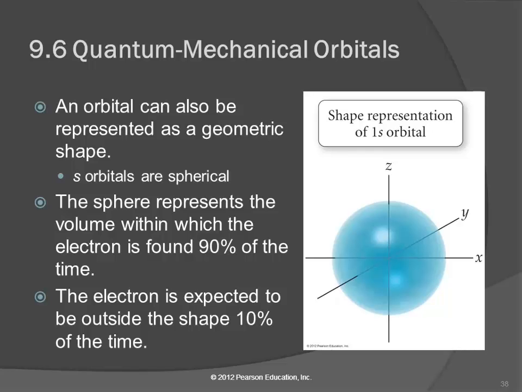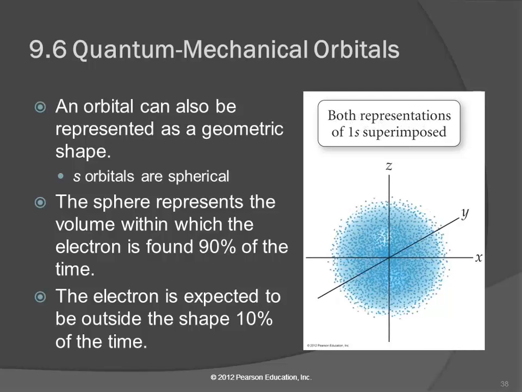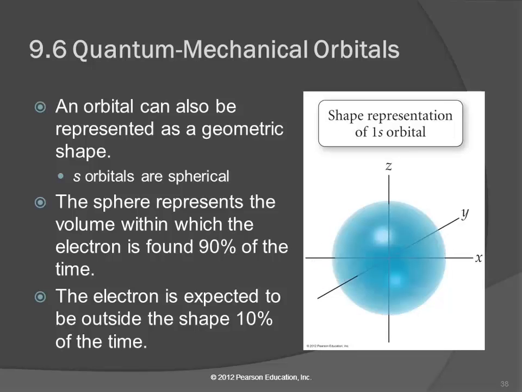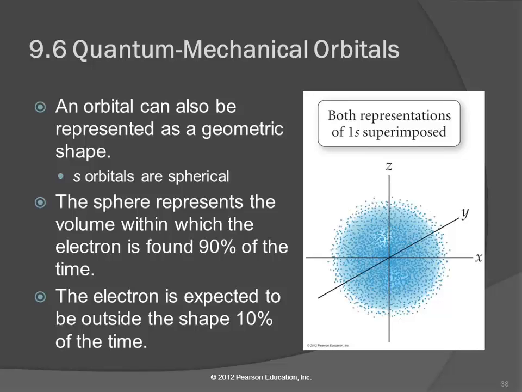Okay, so we could superimpose the dots on top of the geometric shape. And so we see that some of these dots fall outside the actual shape. And go back to the shape. That's the shape, and there's the dot representation on top of it. So either of those ways are good ways to represent these orbitals.